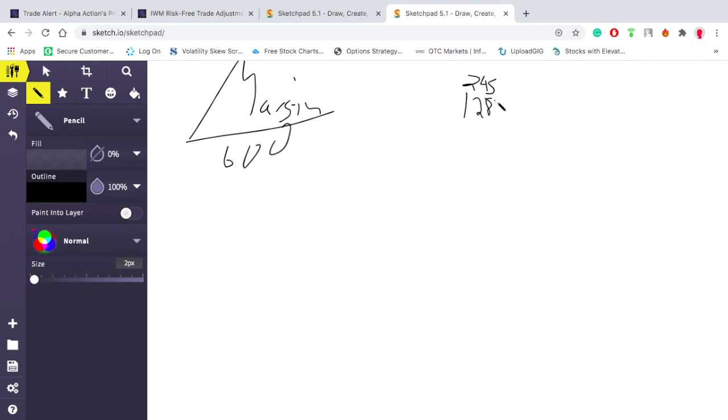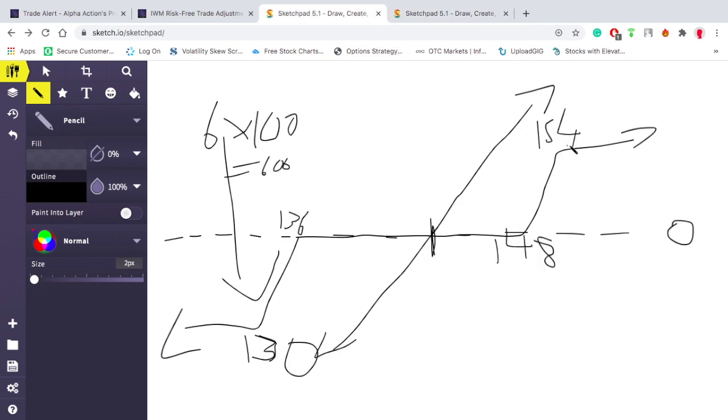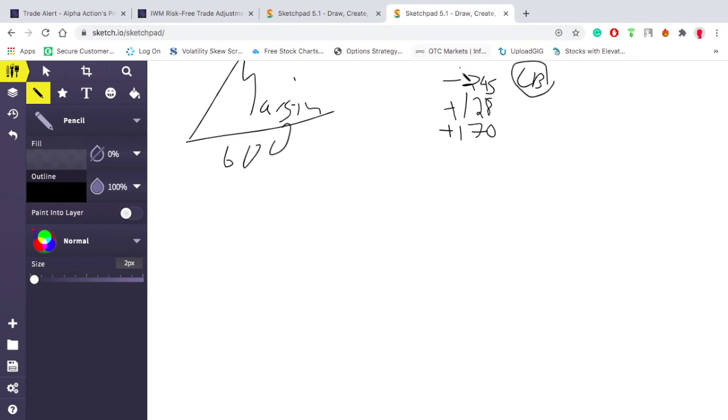On our cost basis, I'm going to put CB right here, cost basis: we got minus 245 because we got paid that, plus 128. And then we have plus 170. This is for the 148 call that we purchased. And then we sold the 154 call. For selling the 154 call, we make 50.